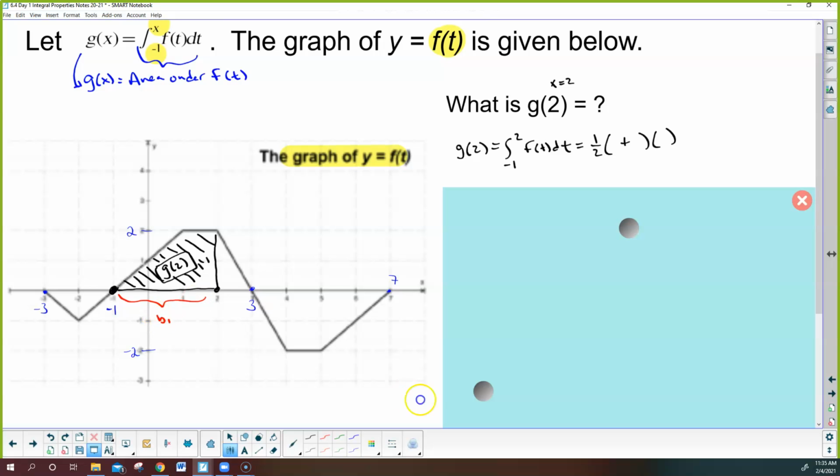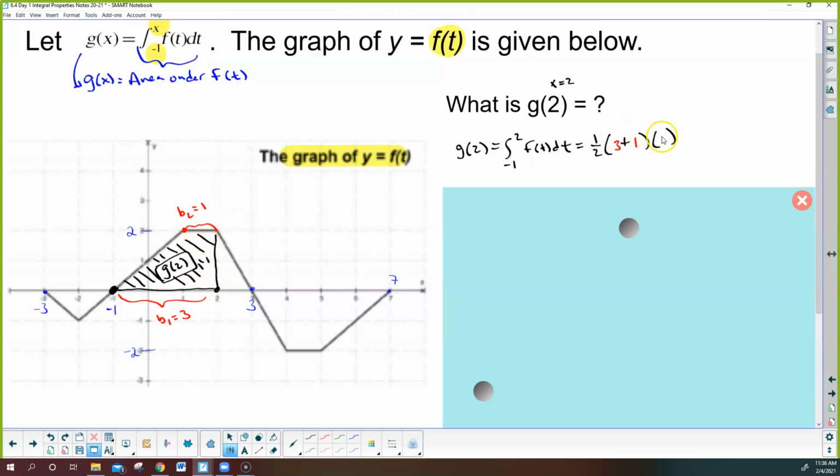So base 1 is, we can just count 1, 2, 3. Base 2 is the distance here. Those are the parallel bases, so that's the length of 1. So I would do 3 plus 1. And then the height, how tall is it between the bases?